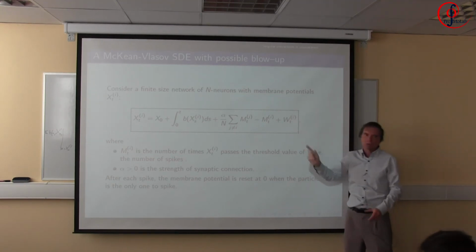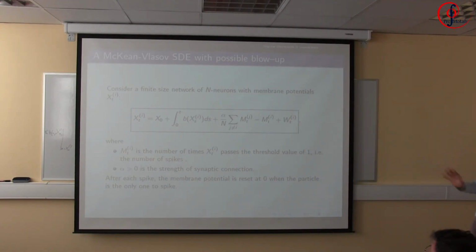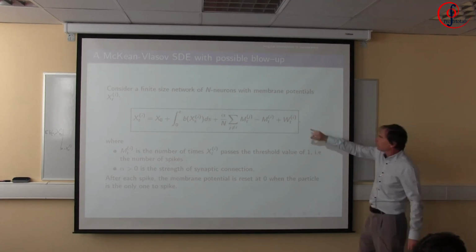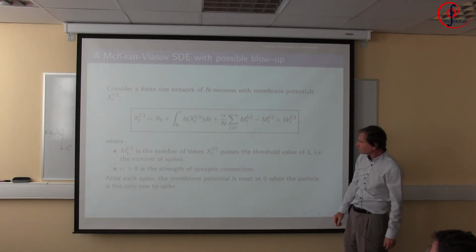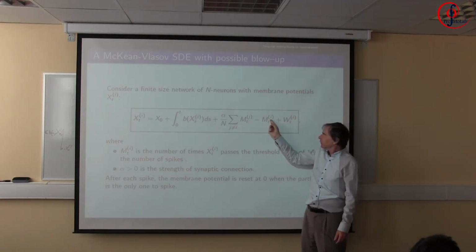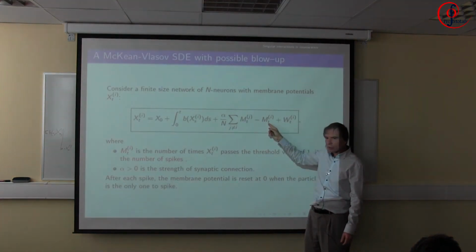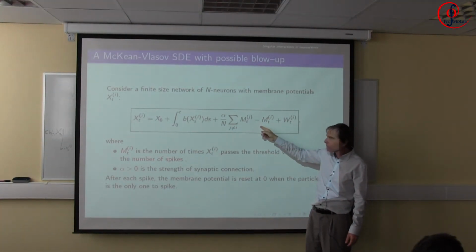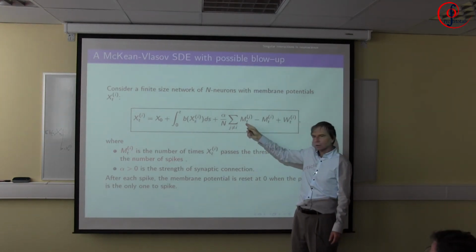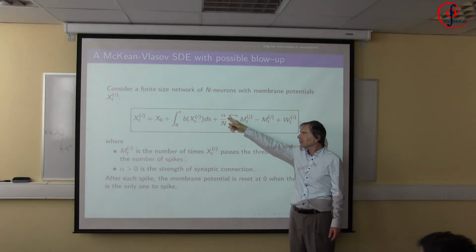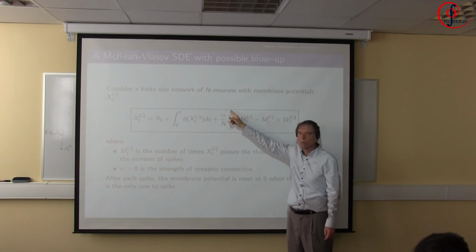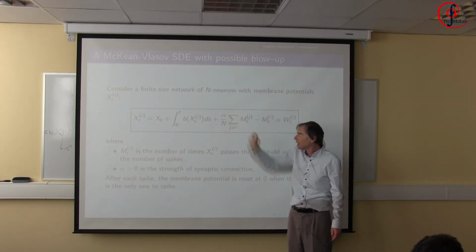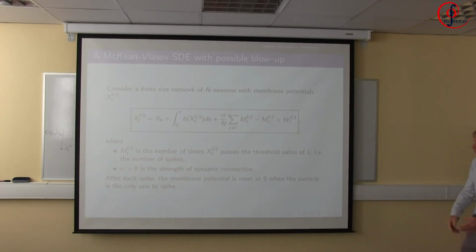The Brownian motion here just models, to simplify, the fact that we have chemical reactions with the medium. And here is the fact that at each spike we are reset to 0. And when the other neurons spike, then we are increased by a factor alpha over N. So it's not exactly 1 over N, as I just told you. Here it's alpha over N, and alpha is, let's say, the strength of synaptic connection.